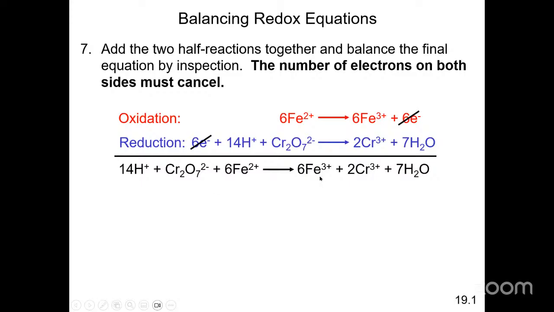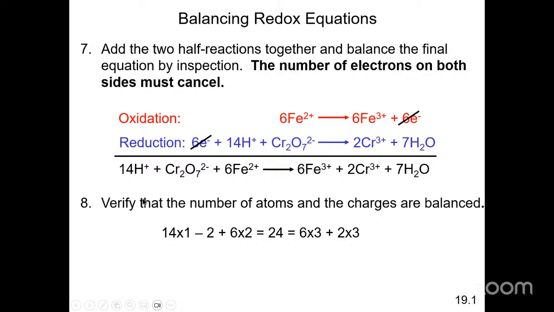So all the atoms are balanced, but we have to make sure that the charges are balanced as well. So we add 14 plus charges to -2, and then we add that to 6 times +2. That gives you 24 on this side. And on the right side, we have 6 times 3, which is 18, plus 6, 24. So therefore, the charges are balanced as well, and we can be confident that this is the balanced equation.